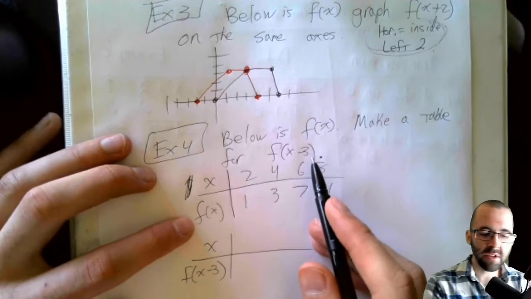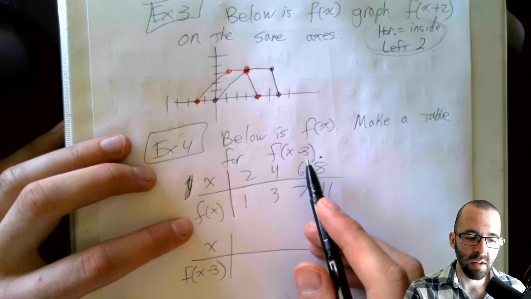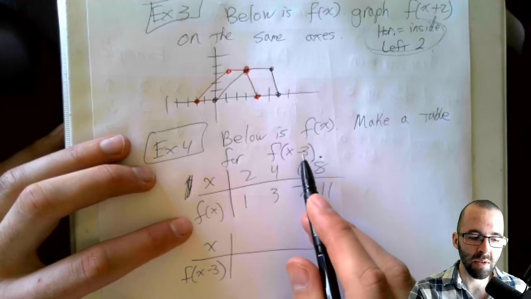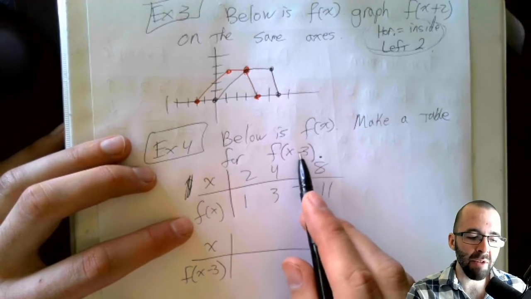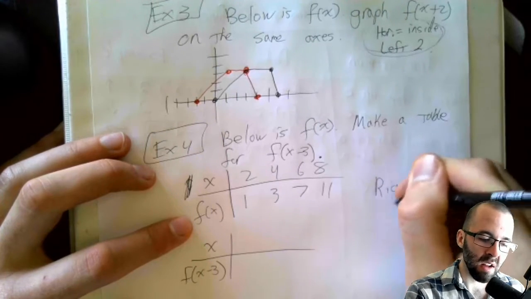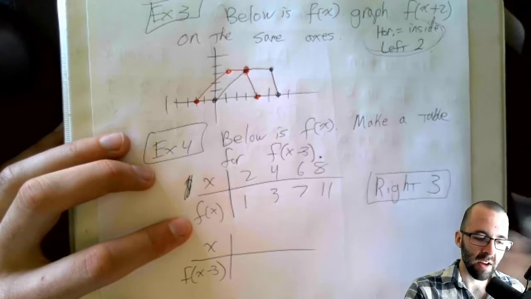But here, what function transformation is this? Something's happening on the inside, so it's going to be horizontal, which means it's going to be the opposite of what we might think. This is moving everything to the right 3 units. Yeah, good, Bella. Right 3 units.